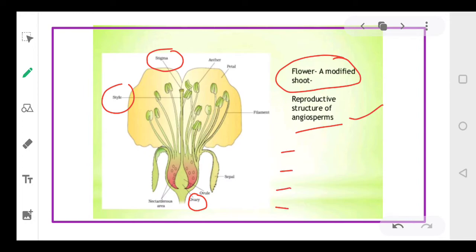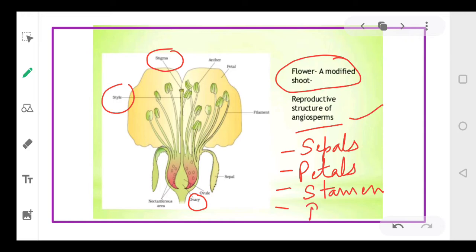One is, can you name anyone? One is sepals, the very first is sepals. Then your petals. Then the stamen. And fourth is the pistil. Now just try to locate all these four parts in the picture.